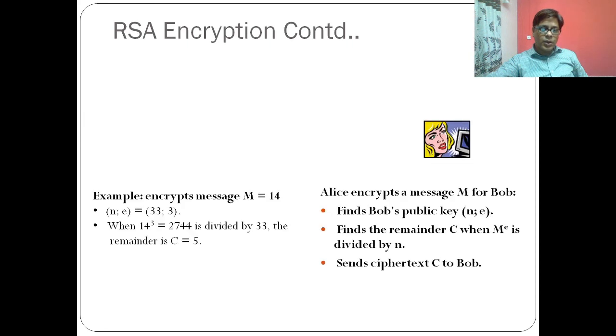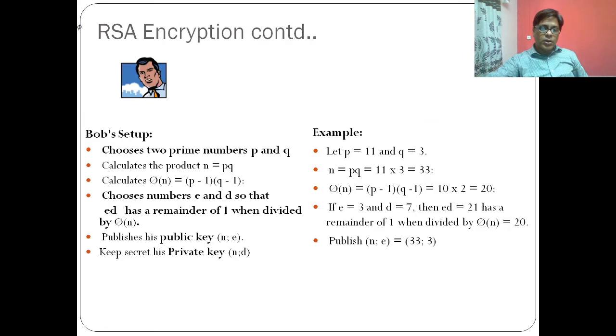However, the noticeable point is that the difficulty of breaking this E and D depends upon how big this number is, and that depends upon the big numbers P and Q. So by choosing P and Q sufficiently large, we can ensure that the possibilities of E and D are enough.